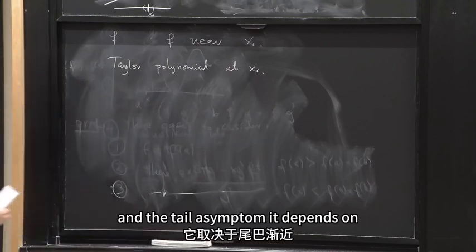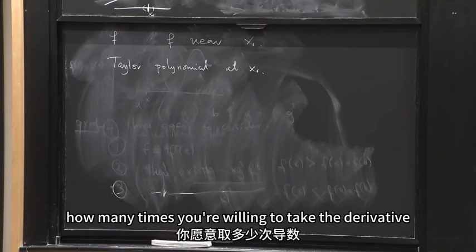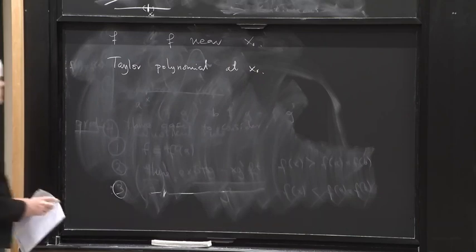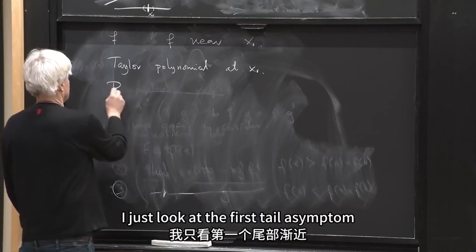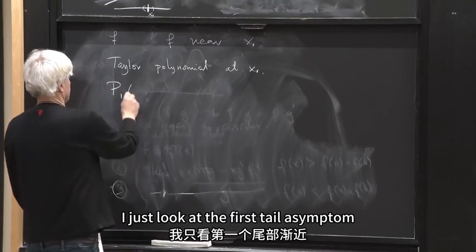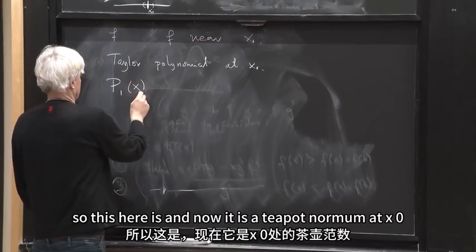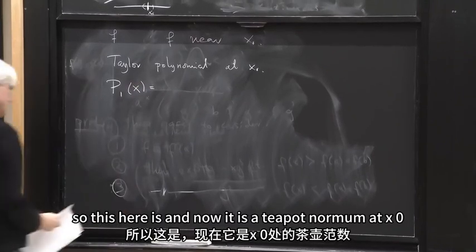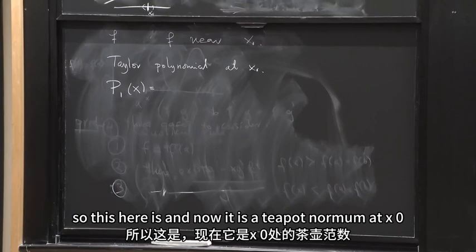The Taylor polynomial depends on how many times you're willing to take the derivative. In this case, I just look at the first Taylor polynomial at x0.